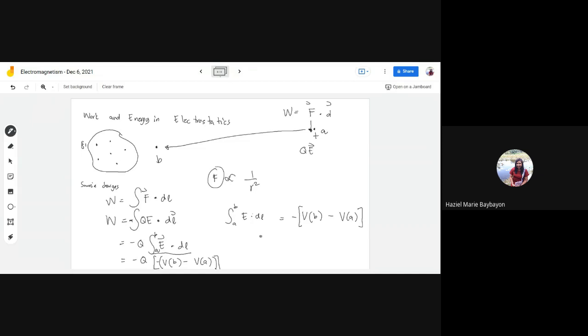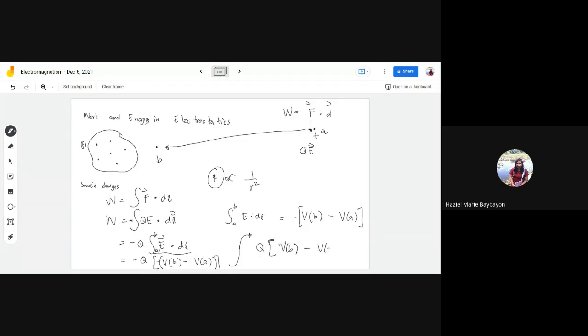So we have the work that should be done in order to move this charge here towards point B is equal to Q times V of B, sorry, positive now, no?